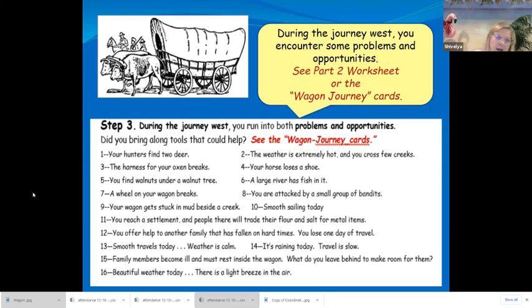Maybe somebody pulled out this one, number 4, your horse lost a shoe. So they immediately had to write in their social studies notebook what happened. What was the event card, the journey card?